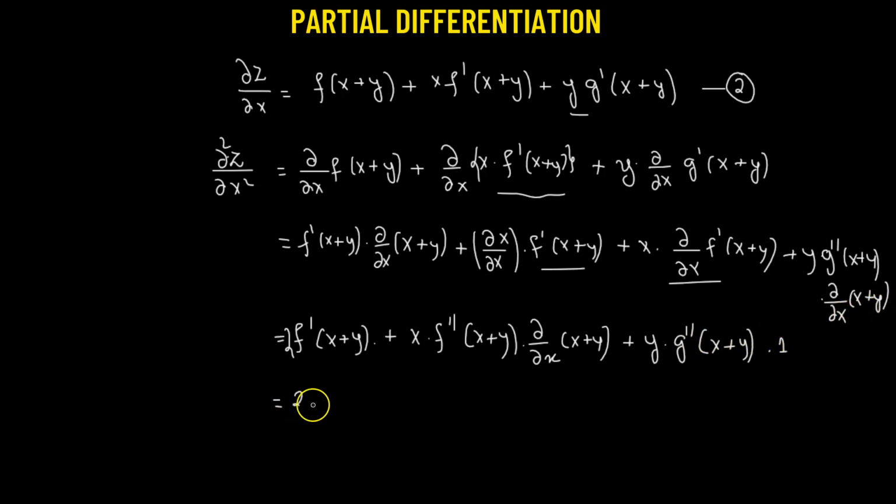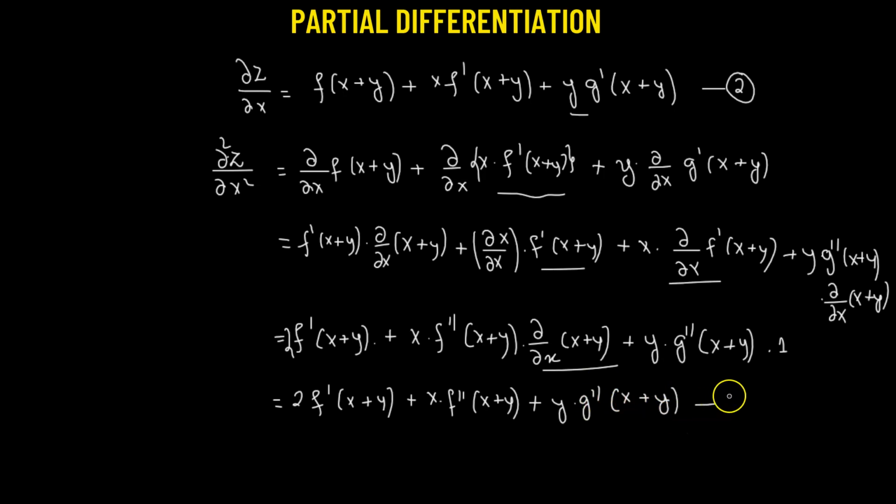So this gives us 2 times f prime of x plus y plus x times f double prime of x plus y, times 1, plus y times g double prime of x plus y. Let this be number 3, and this is the second partial derivative of z with respect to x.